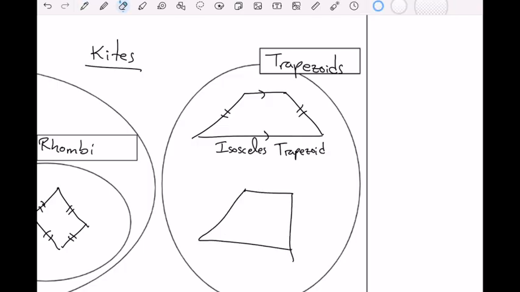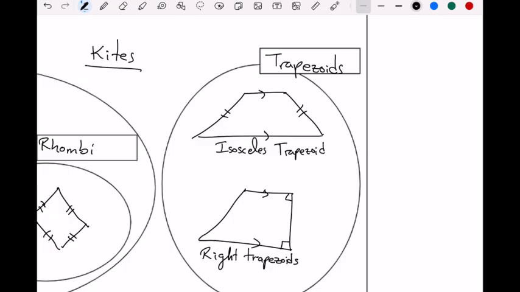So I also have another type of trapezoids that are very similar to triangles in the way that we classify them. They are called the right trapezoids. The right trapezoids are the ones that have right angles, no?